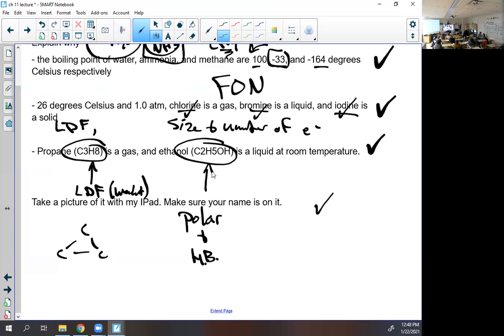Say since ethanol is polar and has hydrogen bonding, it would have higher intermolecular forces, which would make it have a higher boiling or melting point, whatever you wanted to say. If you can tell them it's the size and how it affects the intermolecular forces, that's pretty good.